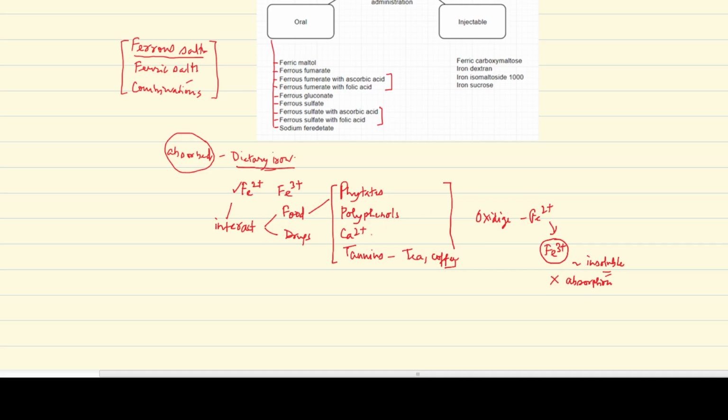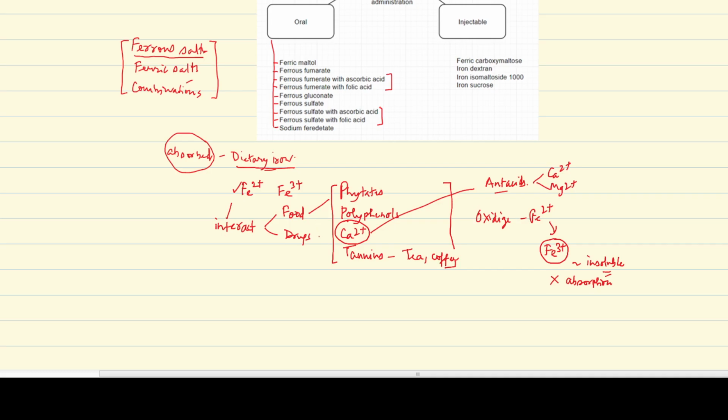And then calcium salts, in addition to being part of food, they also are present in antacids. So you remember antacids are salts of calcium, magnesium. Okay, so those are the divalent salts.